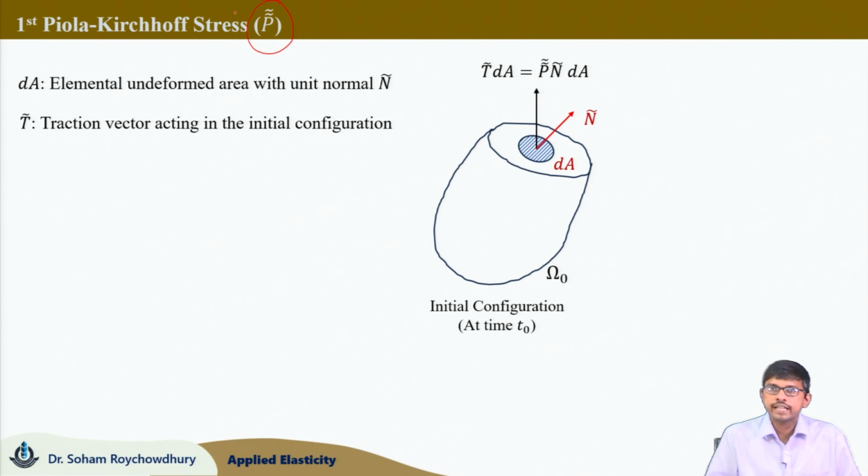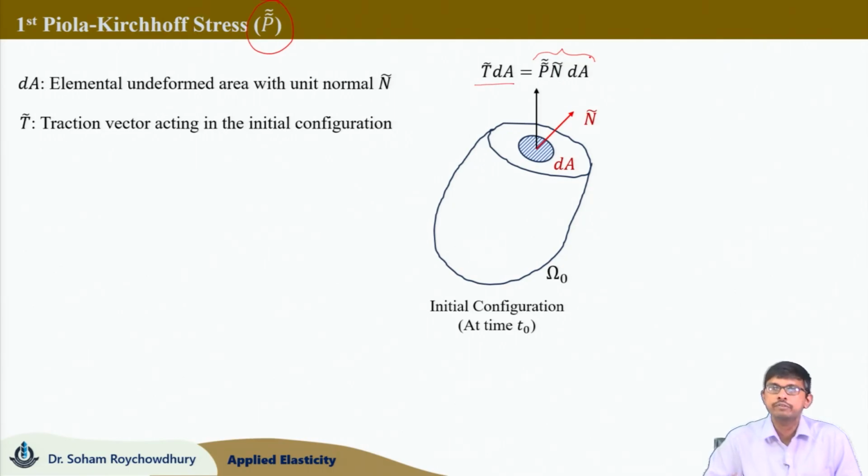Now, capital T vector is the traction vector acting on the small area d capital A. The total traction vector we can write as capital T times dA. This is the force acting on this small area dA in the undeformed configuration, and this can be written as P times N dA.